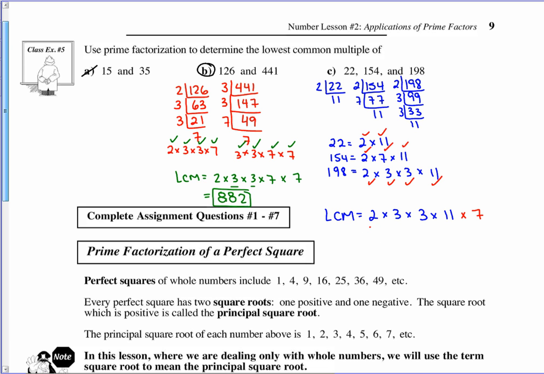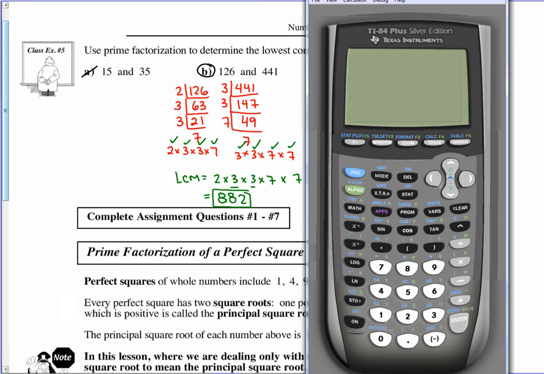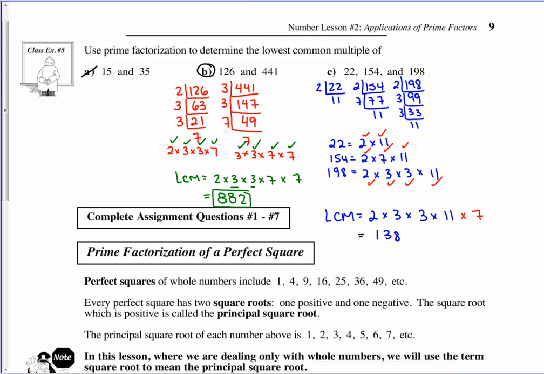So our LCM would be 198 times 7, which is 1,386. Do you see how that would take a while?